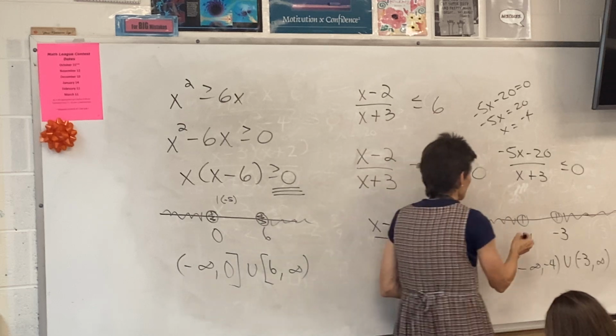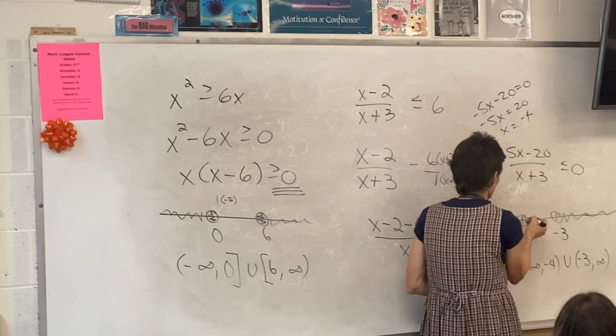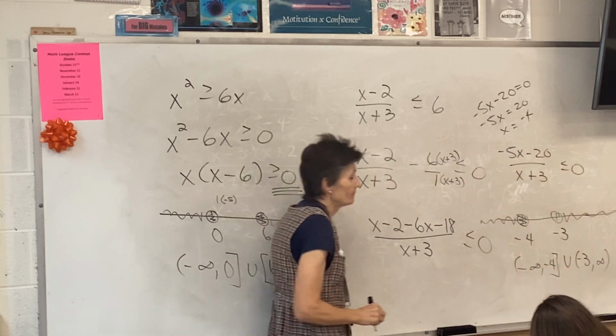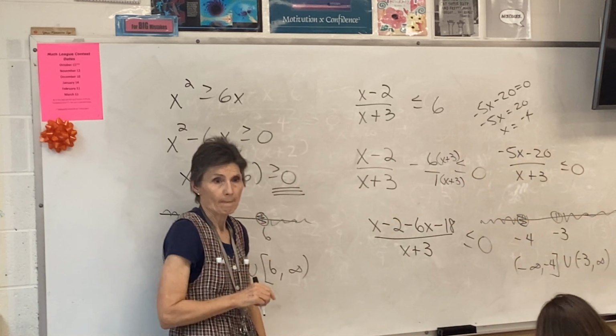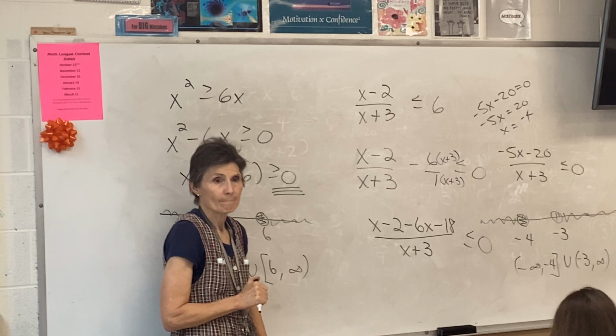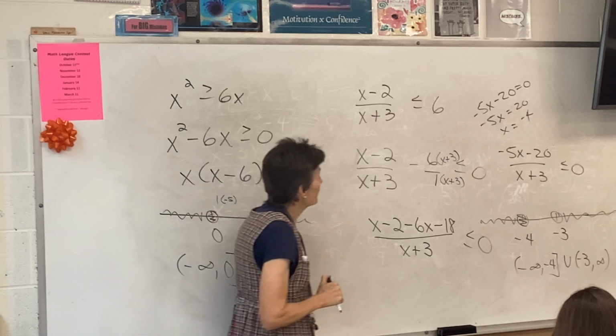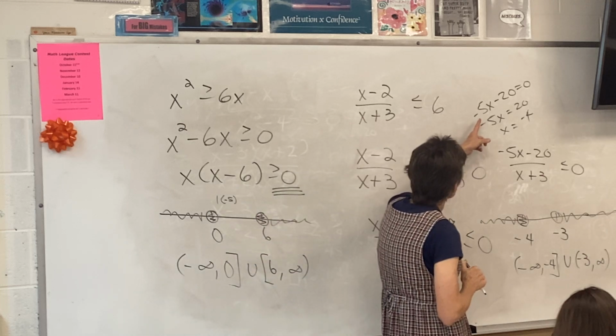Oh, time out. Yep. The numerator dot needs to be colored in. Yep, thank you. That's exactly right. Wouldn't it not be negative 4? Wouldn't it be positive 4? I gotta set that equal to 0 and solve it.